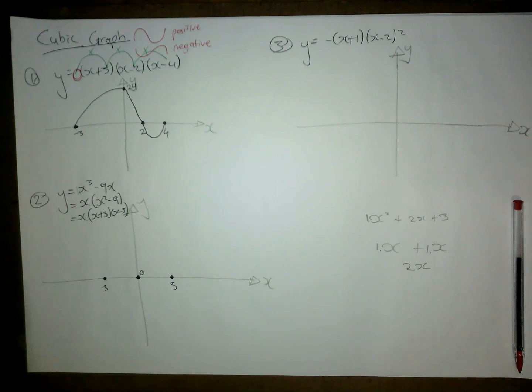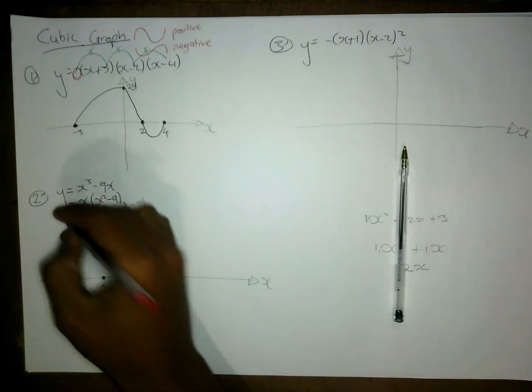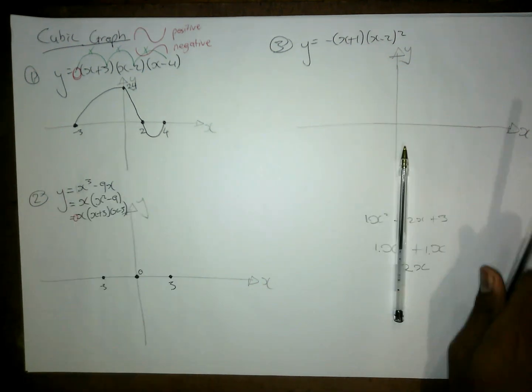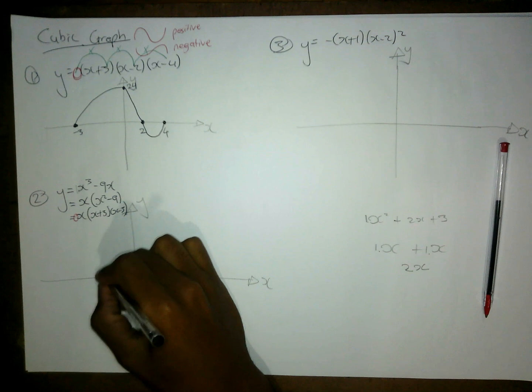Now, this special graph, not very special, but it's special, has no y-intercept. And it's a positive graph because there's a positive there, there's no negative. So it looks like this.